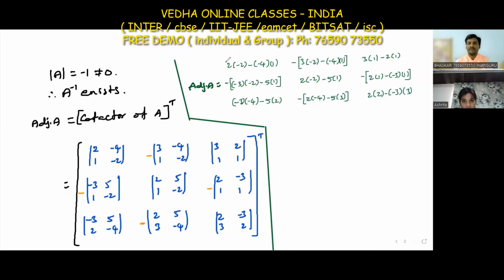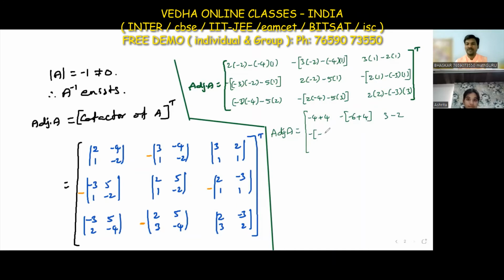Now we have to take the whole transpose of this. What is the value here? Adjoint A is equals to: minus 4 plus 4, here minus 3 times 2 is 6, minus 6 plus 4, 3 minus 2.